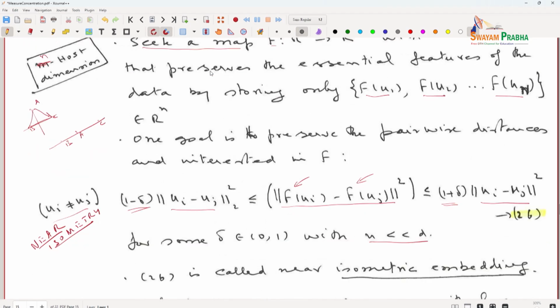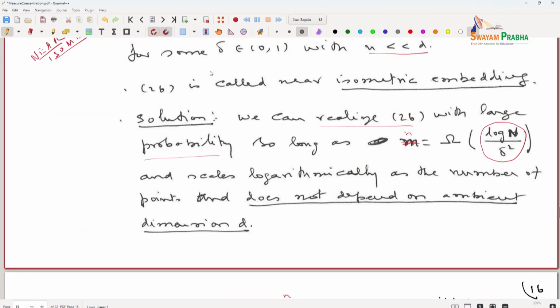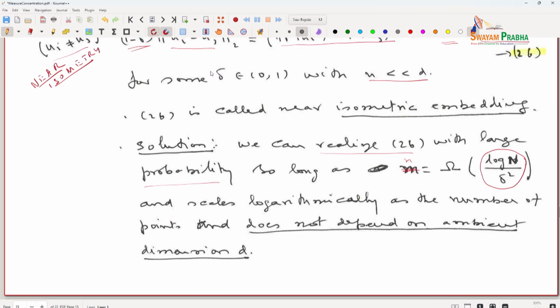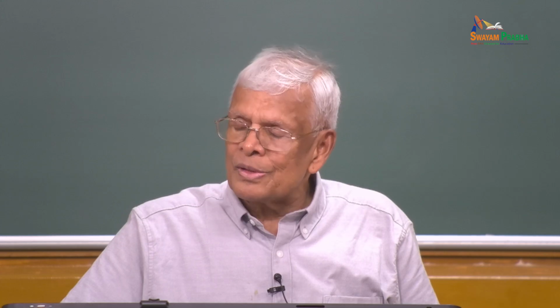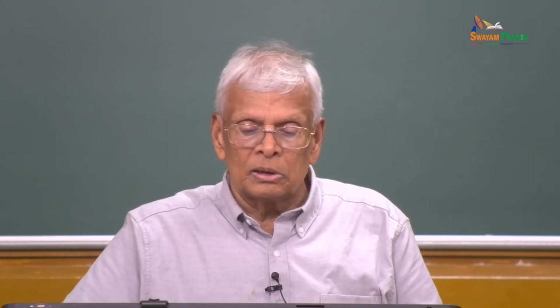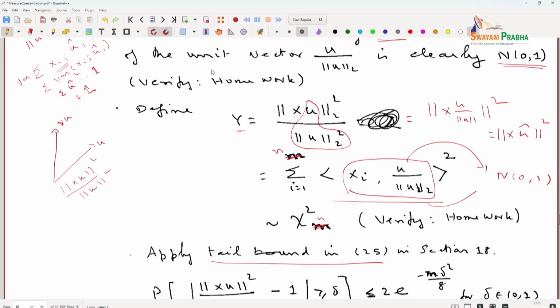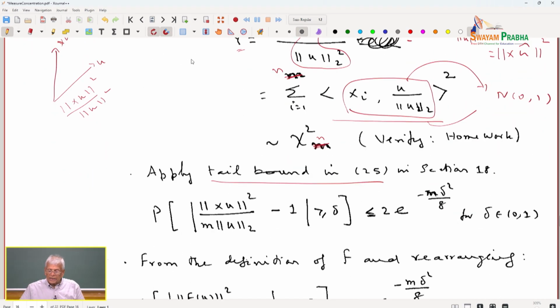Now, recognizing when I define the function f to be a linear map where the elements of the linear map are standard normal variables, 0 mean unit variance, we have now come to recognize the variable y here is a chi-square variable. If this is a chi-square variable, now I can apply the tail bound in 25.